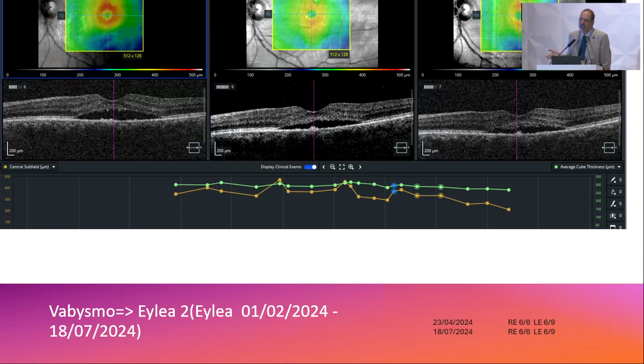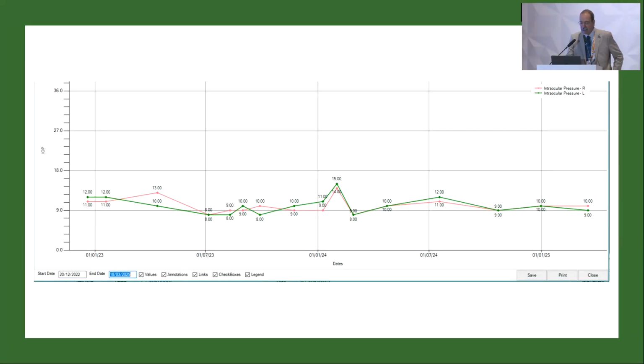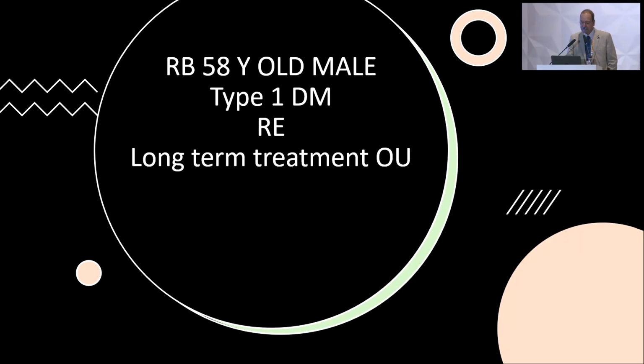I said, I don't mind, let's go back. We tried, and again not much difference. She was humming along, vision maintained, but the SRF doesn't go. The fluid study shows that we can tolerate SRF, but what's better than having SRF is not having SRF. So we switched over to 8 milligrams, and she did respond, and now we're in the process of extension. And that's her intraocular pressure.